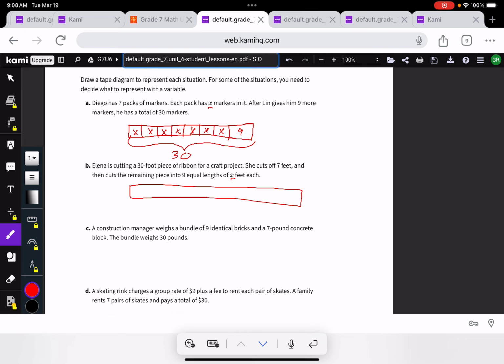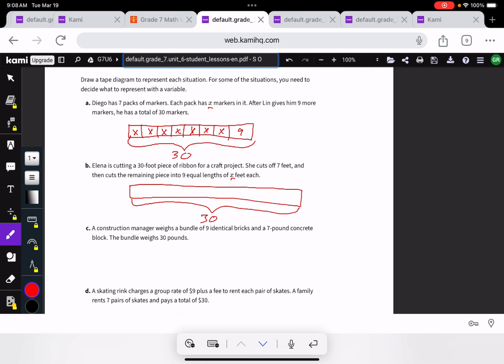I'm going to let you finish that one on your own, but I will tell you the whole thing sounds like it's 30. So 7 feet gets cut off, and the rest is 9 equal lengths of X feet. It's going to look somewhat similar to A, except not exact. All right, I'll let you try that one out.